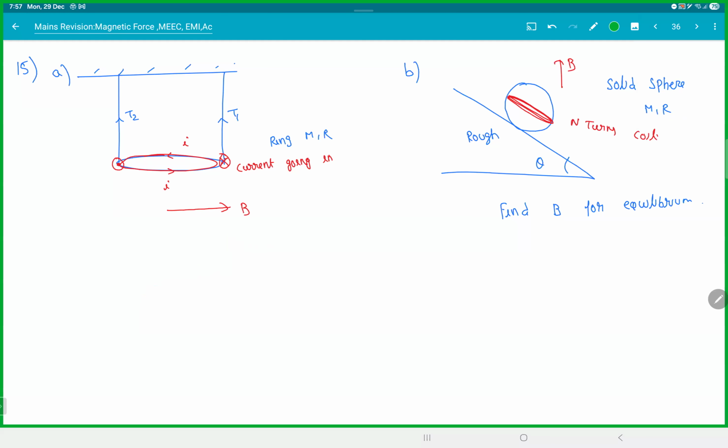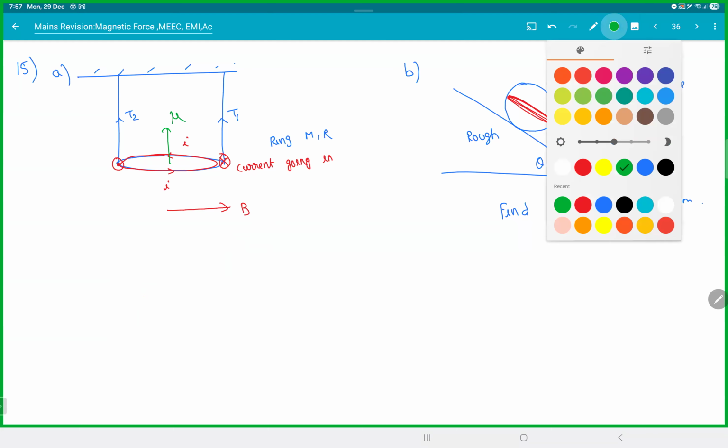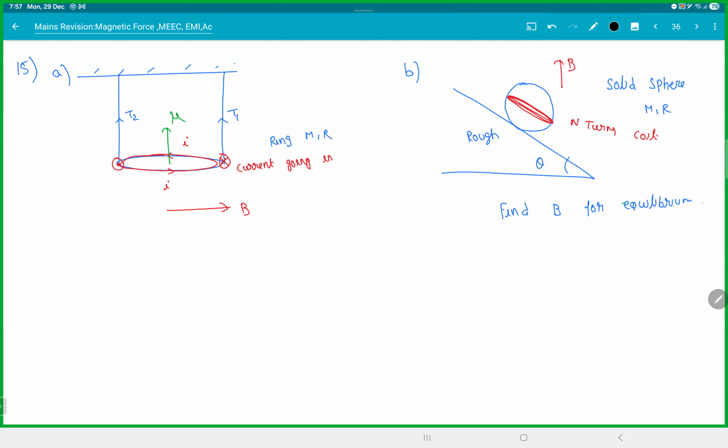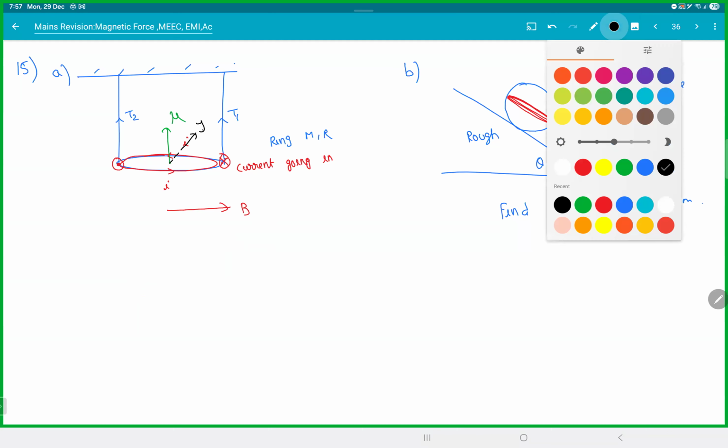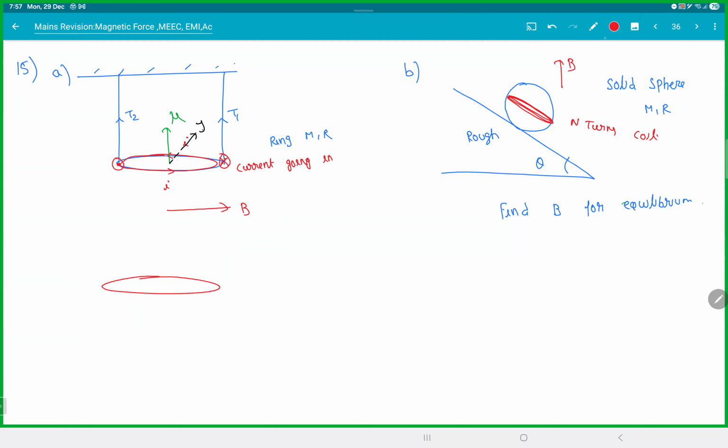So the current is going in. So for this thing, the mu vector will be up. Mu cross B, the torque will be into the plane. So basically, if you take this ring here, the torque is trying to rotate this way.